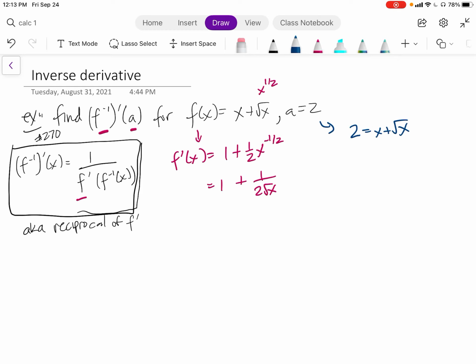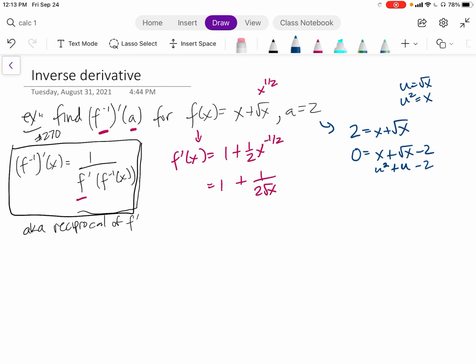If I set it equal to 0 by subtracting 2, we can think u substitution. I'm not going to do u substitution, but if we said u is root x, then u squared is just x. Therefore, this is in the form of a quadratic, like u squared plus u minus 2.